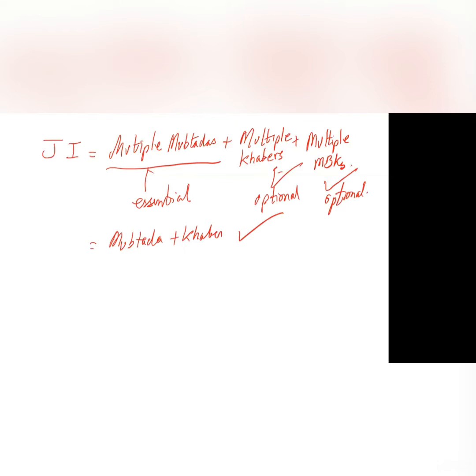Only this part is essential. You have to have a Mubtada. Either this or this are optional. So if you have a sentence with mubtada plus khabar, that is a complete sentence. Mubtada plus MBK is also a complete sentence.